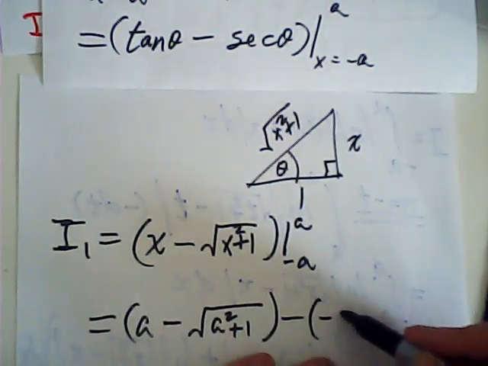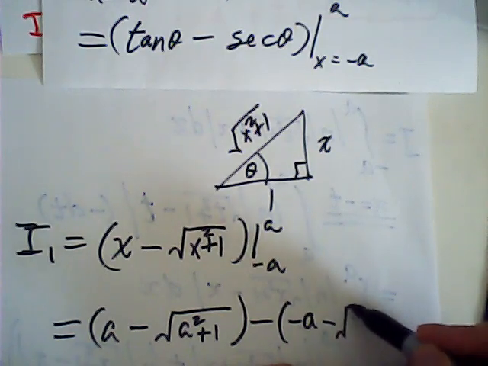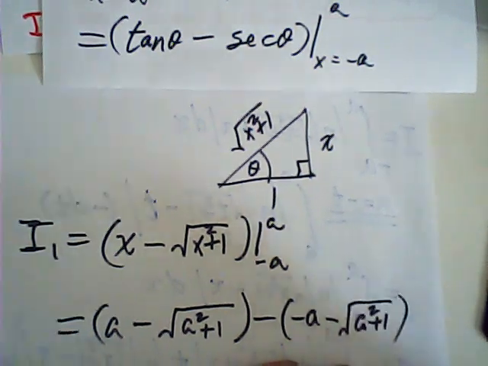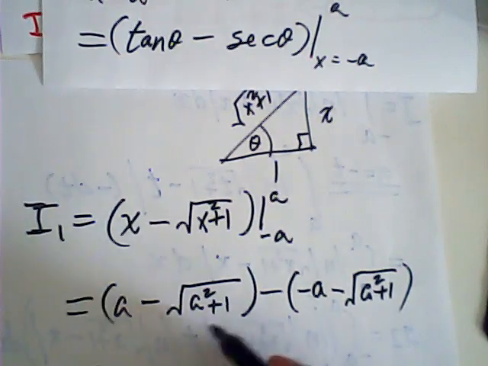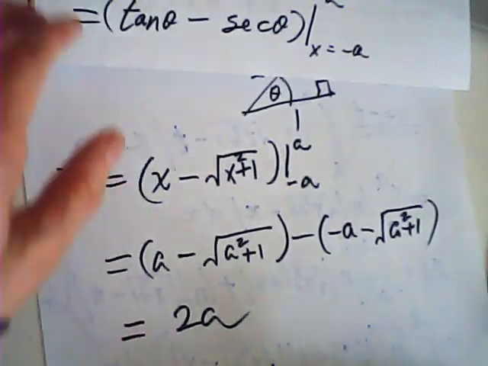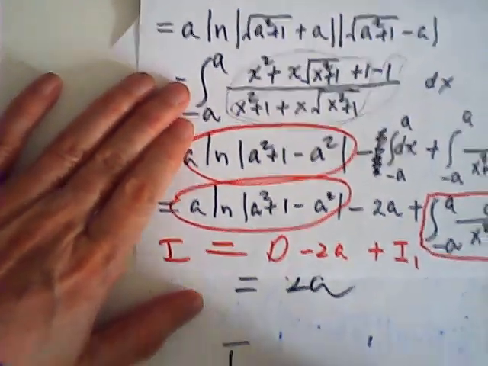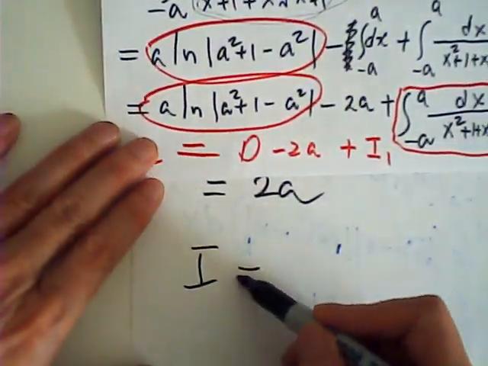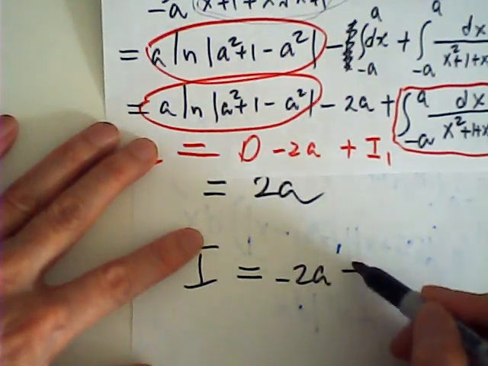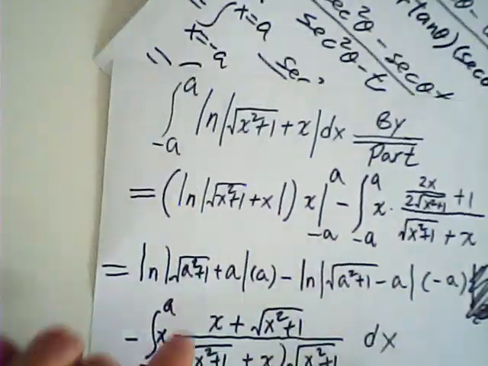Minus minus a minus the square root of a squared plus 1, right? So this is going to be cancelled. This being 2a, my I1 is 2a. Therefore, my I is equal to minus 2a plus 2a, which is equal to 0. So my integral from the beginning is 0.